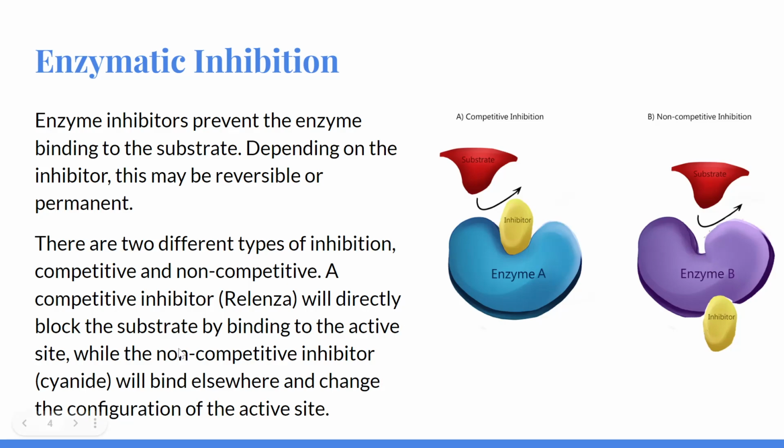A really important example of a non-competitive inhibitor is cyanide. Cyanide is really deadly because it blocks oxygen being the last electron acceptor in the electron transport chain, so it can kill organisms through that.